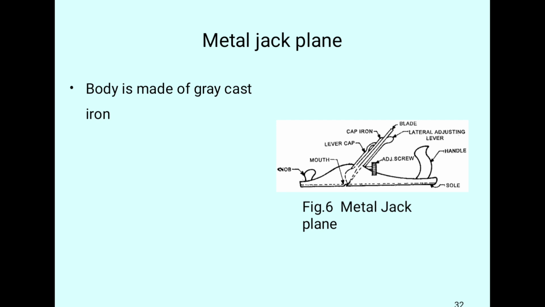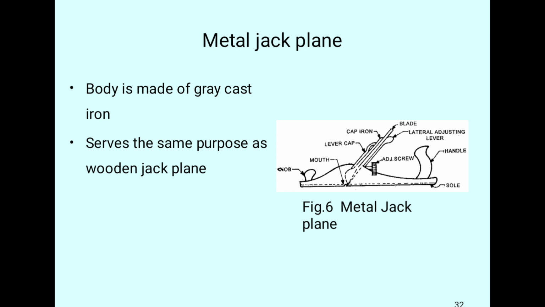Now we can see a small discussion about each and every part. The body of this metal jack plane is made of grey cast iron. It serves the same purpose as the wooden jack plane. Whatever topic we discussed in previous slides was about the wooden jack plane, so the same purpose only.